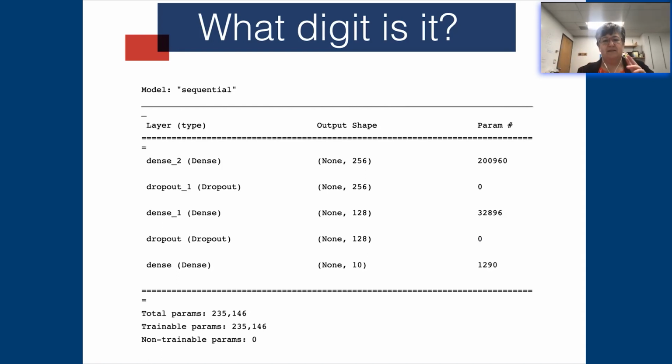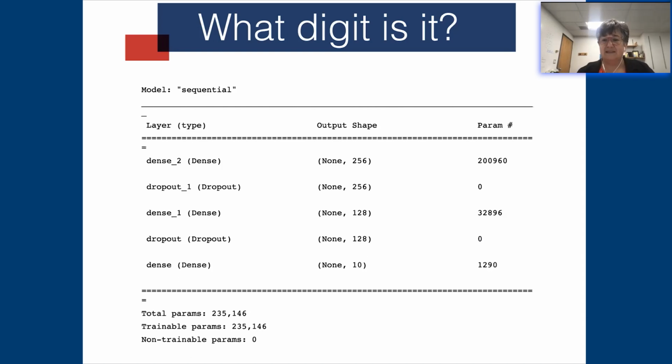So we've got a dense layer followed by a dropout, another dense layer followed by a dropout, and then a last dense network. And the last dense network is just the probabilistic assessment of, is this a 0 as opposed to a 9? So that's why this has 10 values, 0 through 9 as the output.